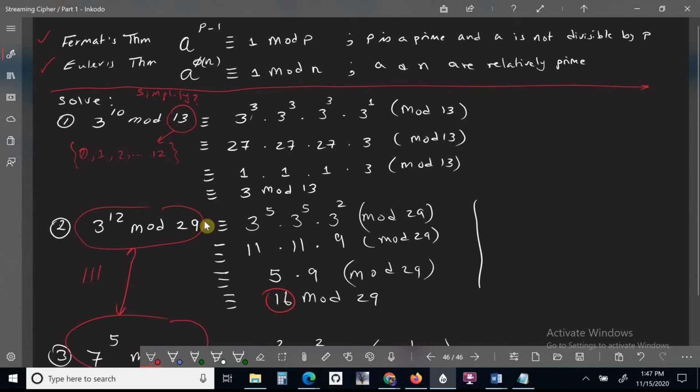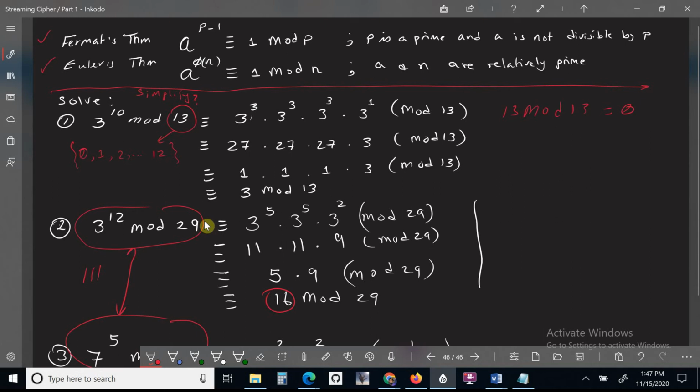Now when you have exponentiation like this, 3 to the power 10, of course you will factor it, but when you factor it, you have to take a deep look at the number 13. If you have mod 13, 13 is equal to 0, because this is how we looked at it before.